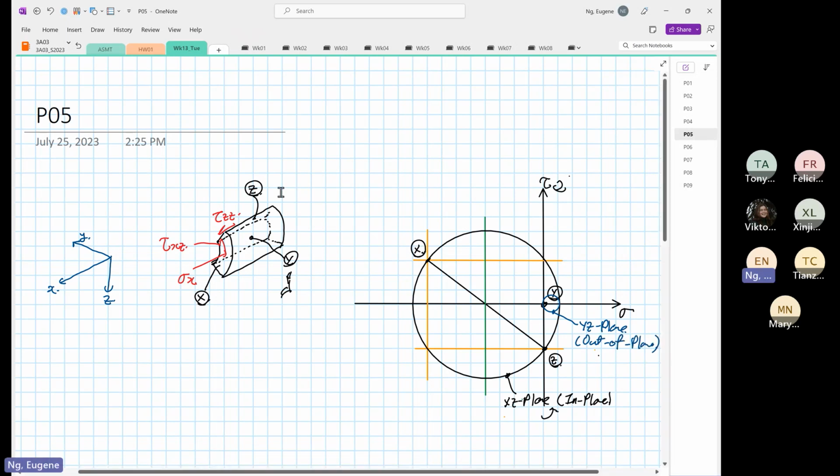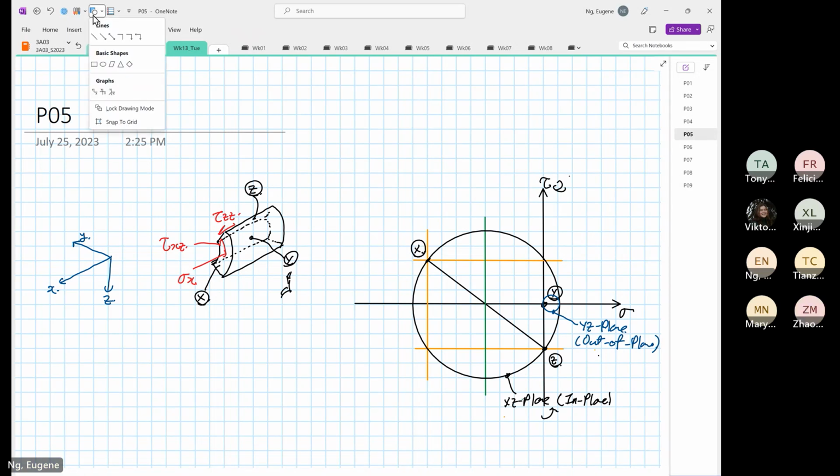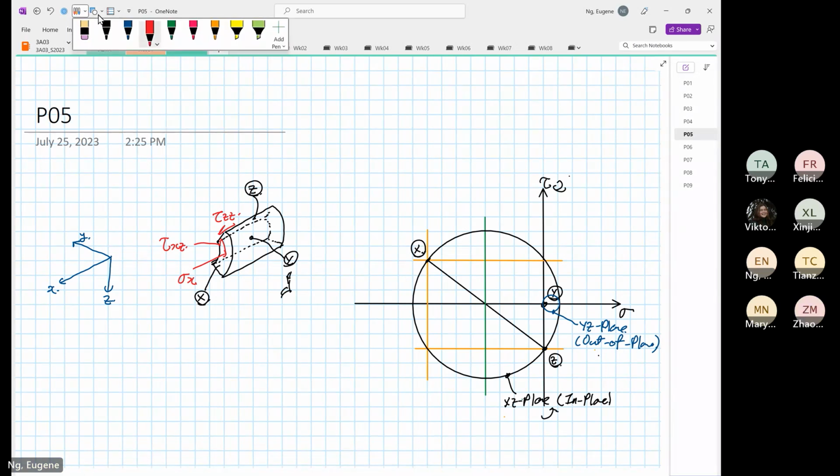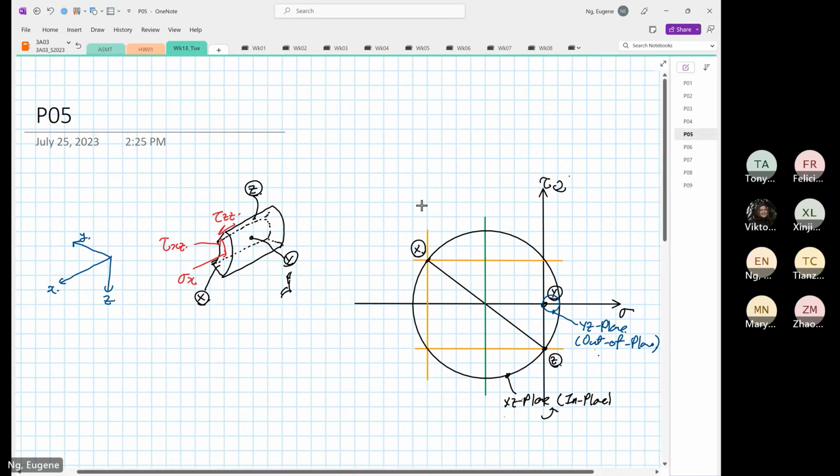And then the last circle. Okay, so this is our last circle.